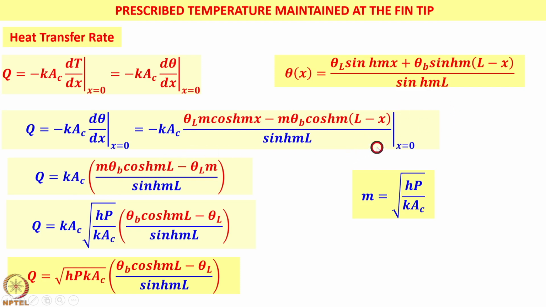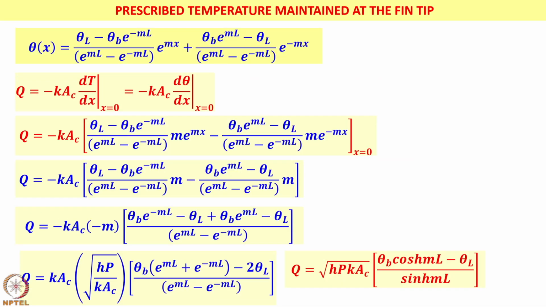If you substitute x equal to 0, the minus sign is subsumed inside. So if you do the algebra, you get q equal to square root of hPkAc times theta b cosh ml minus theta L, divided by sinh ml.